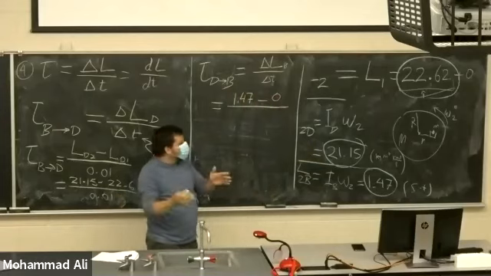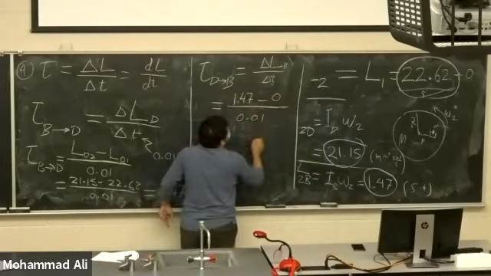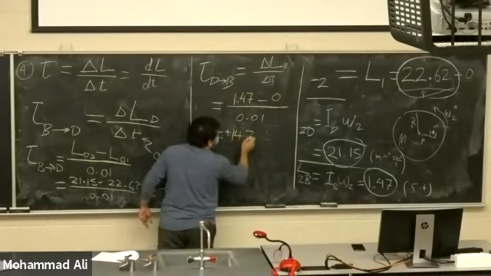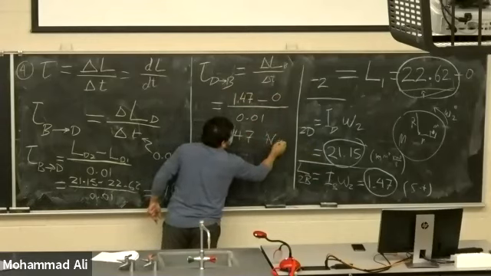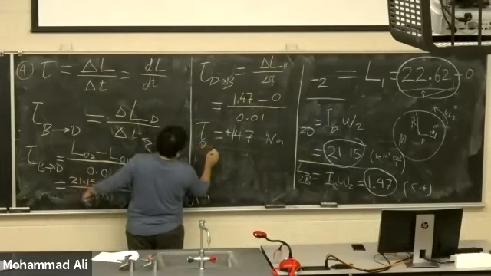Initially, the momentum is 0, over 0.01. This will be equal to a positive 147 newton meter. This is the torque from the disc on the ball.